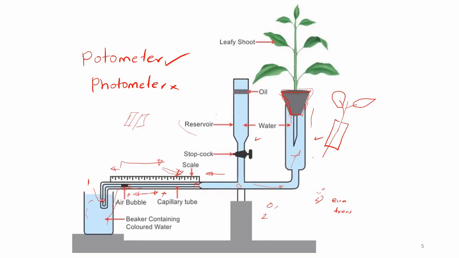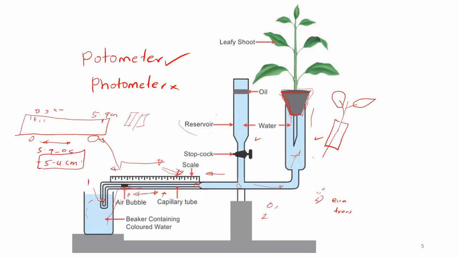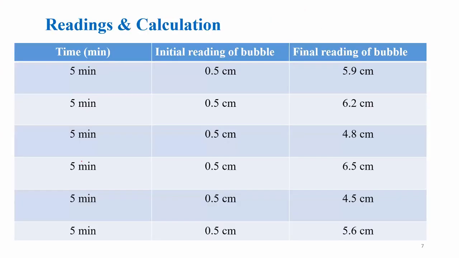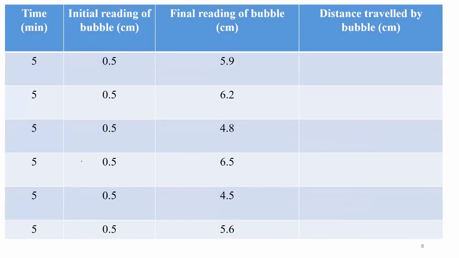I enlarge this image. This is the ruler for measurement. Initially the air bubble is here, and after 5 minutes the air bubble is at 5.9 centimeter. Initially 0.5 centimeter, so the distance the air bubble moves is 5.9 minus 0.5 equals 5.4 centimeter. From that you can calculate the distance traveled by the bubbles.